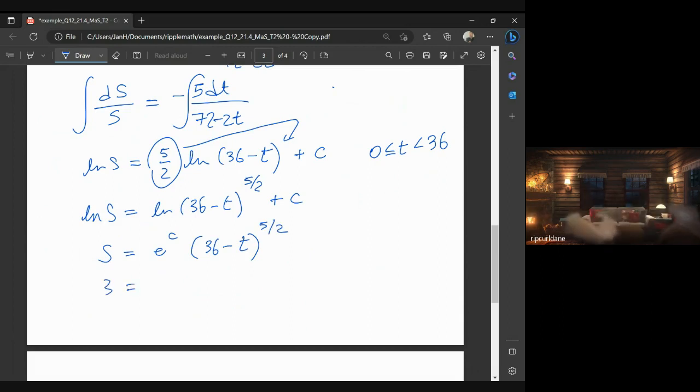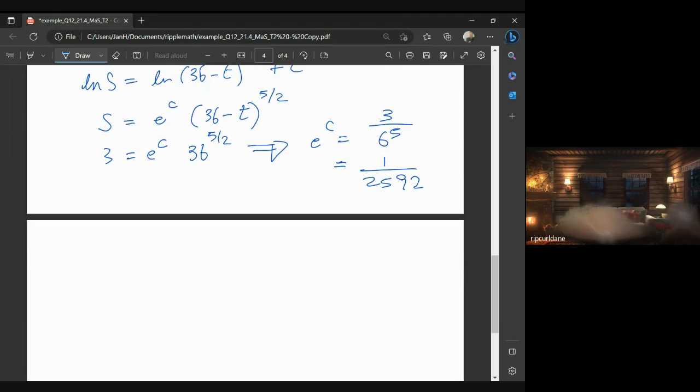Use your initial condition and you could figure out what e to the c is. T is 0, so that's 36 to the 5 on 2 implies 3, well, let's just write e to the c equals 3 over 6 to the 5, which is 1 over 2592.